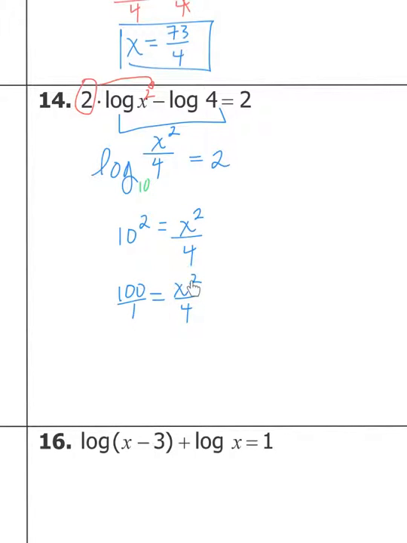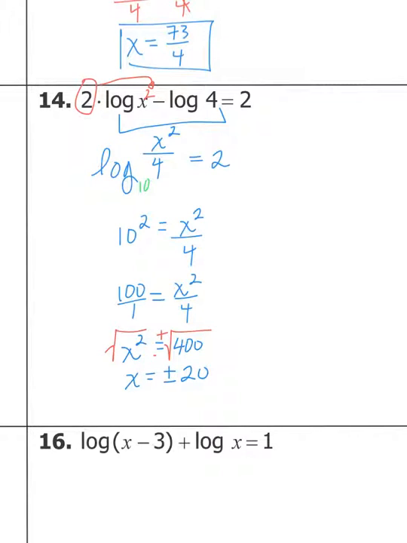And remember, to solve a proportion, don't you cross multiply and solve? So 1 times x squared is x squared. 100 times 4 is 400. You can take the square root of both sides. Don't forget the plus or minus. And you get x is equal to positive or negative 20.